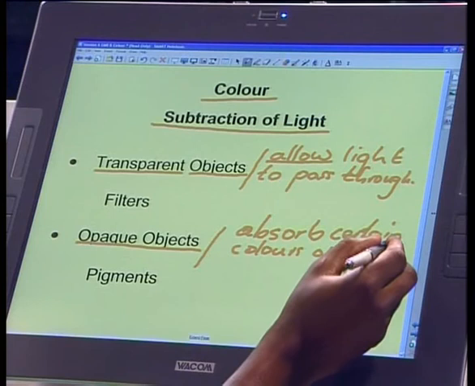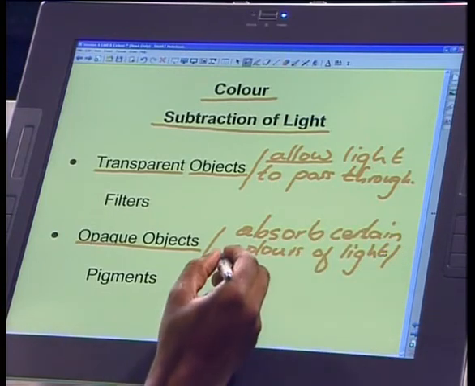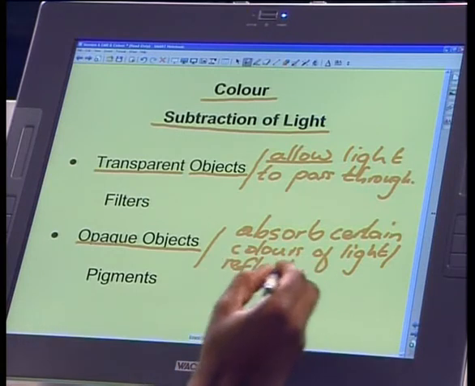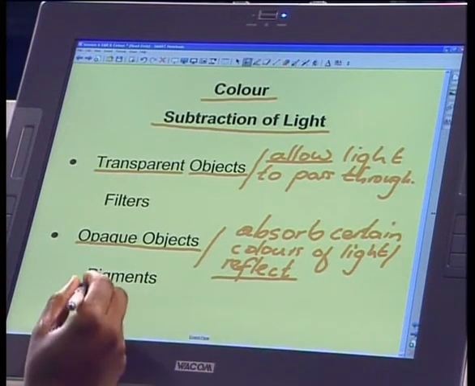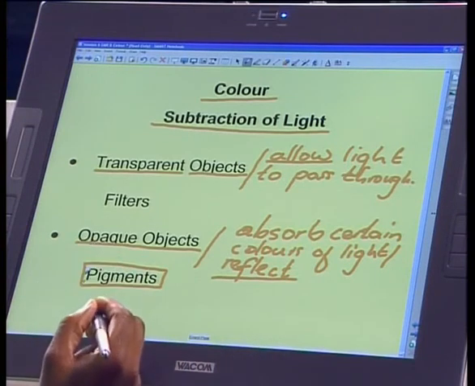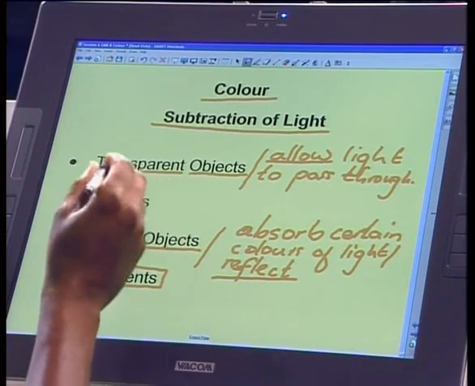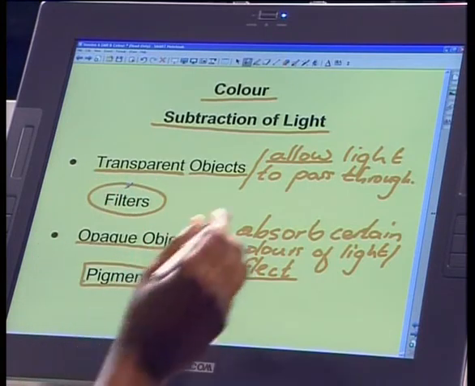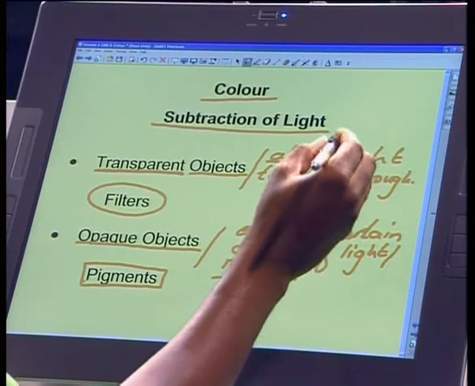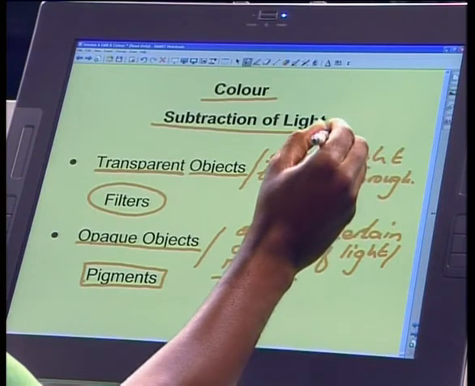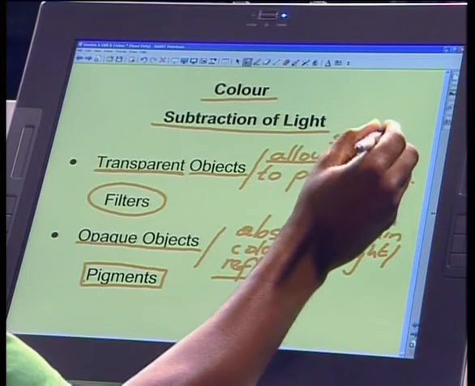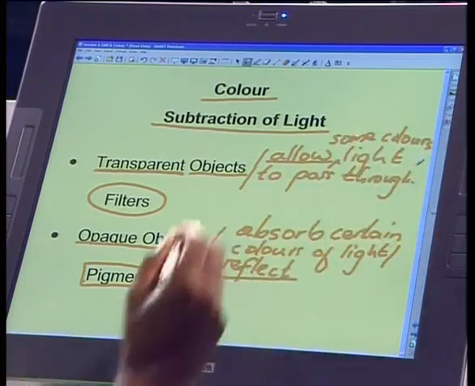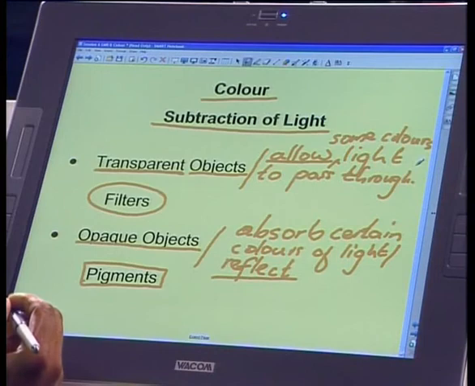And as they absorb certain colors of light, they also reflect certain colors of light. Now, such types of objects contain what we call pigments. And when we talk of transparent objects, we can talk of filters. Filters allowing certain colors of light to pass through.